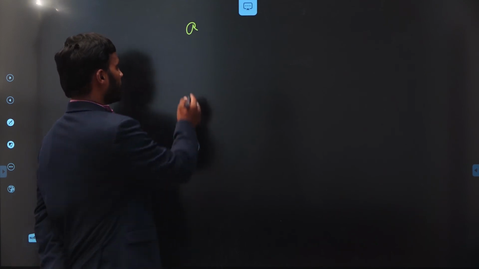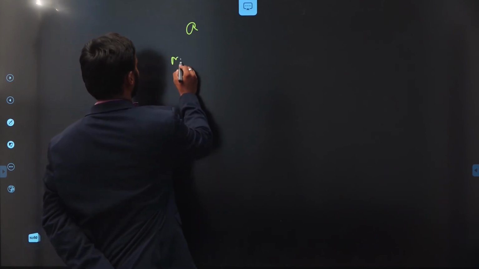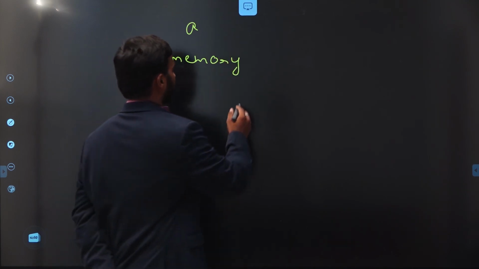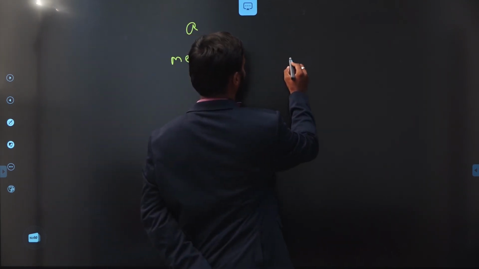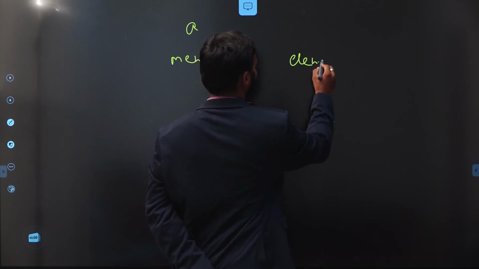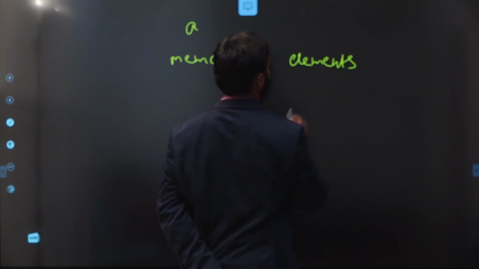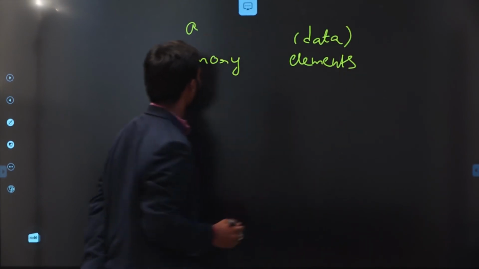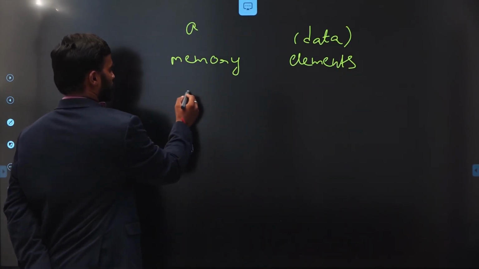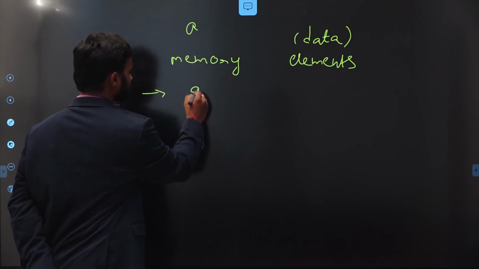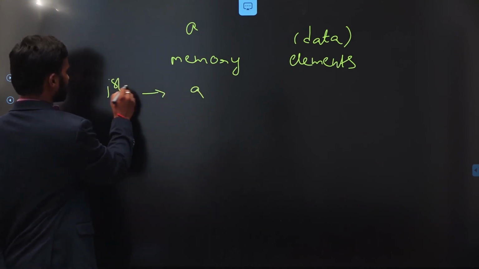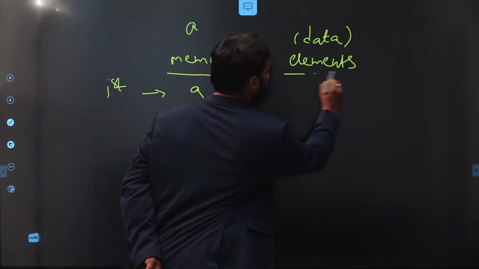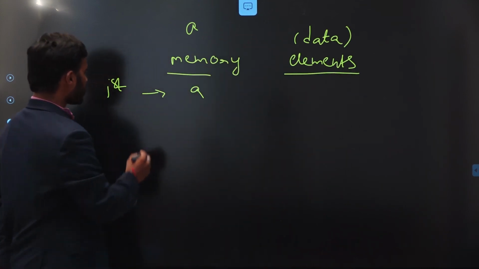Let us say I will write a table: memory and elements. Assume that the address of the first block is A. What is the address of the second block?